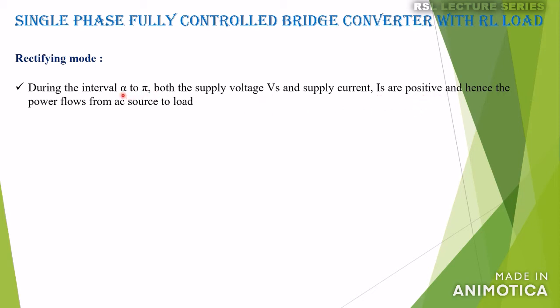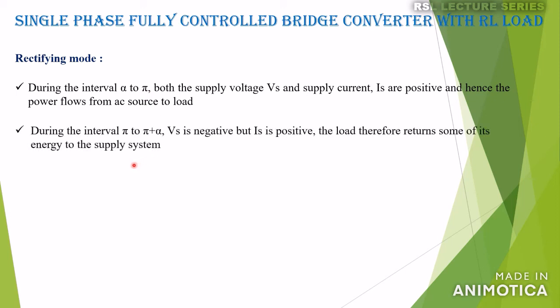If you are triggering the thyristors at omega t equal to alpha, they will continue to conduct until pi. Even after pi, it will continue to conduct due to the presence of the load inductance, until omega t is equal to pi plus alpha.